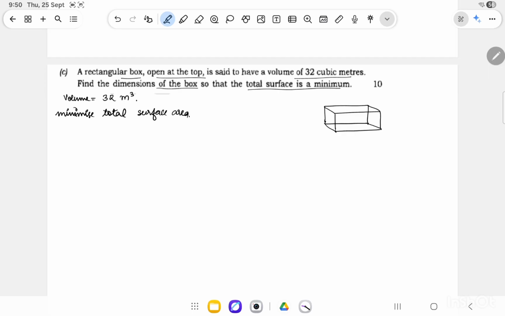So if it is open from the top, the surface area of the box will be as follows. Let's say this is x, that is the length, this is y, that is the width, and this is the height, that is z. So total surface area will be xy plus 2 times yz plus 2 times xz, that is xy plus 2(yz plus xz).